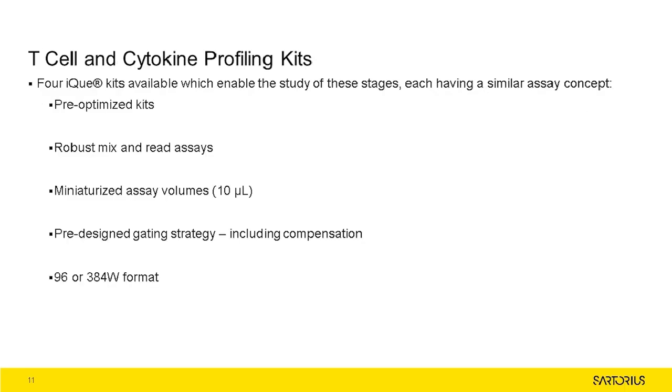Sartorius have developed 4 T-cell and cytokine profiling kits so that these areas can be investigated using advanced flow cytometry. Each kit has a similar assay concept and is pre-optimized to reduce experimental setup time. They are robust mix-and-read assays and use miniaturized volumes to reduce precious sample use, and have a pre-designed gating strategy, including compensation, for ease of use, and are available as both 96-well and 384-well assays.